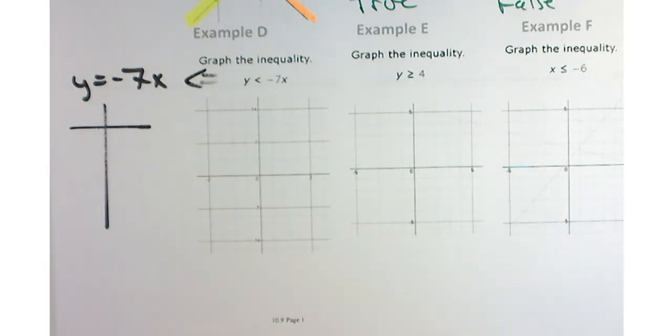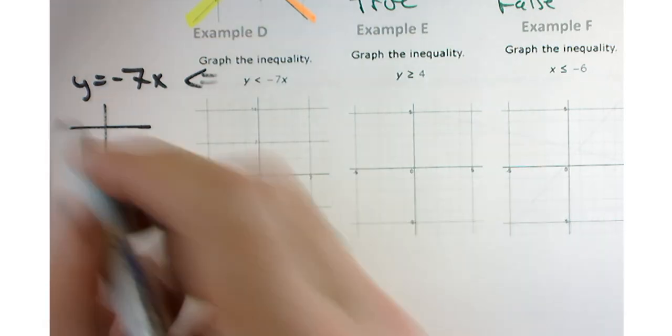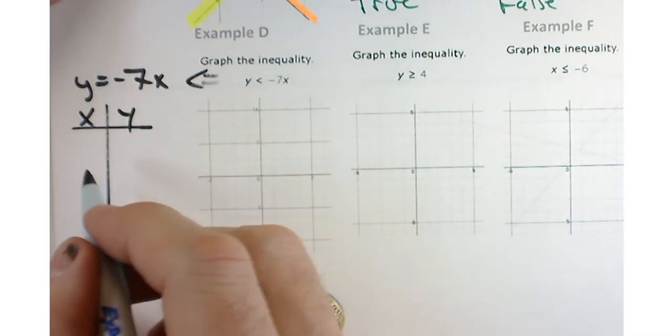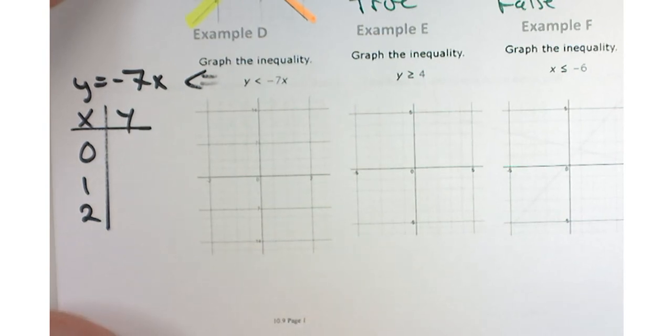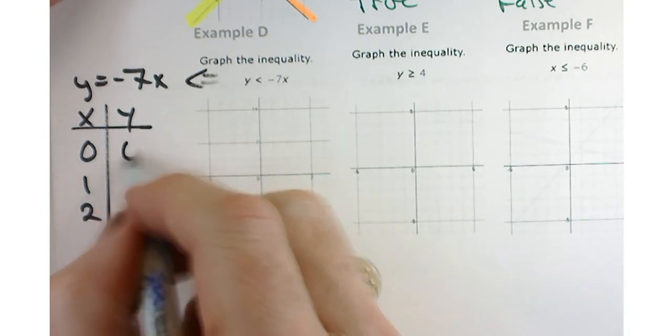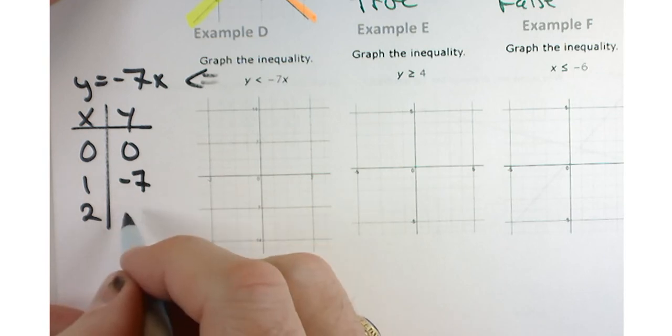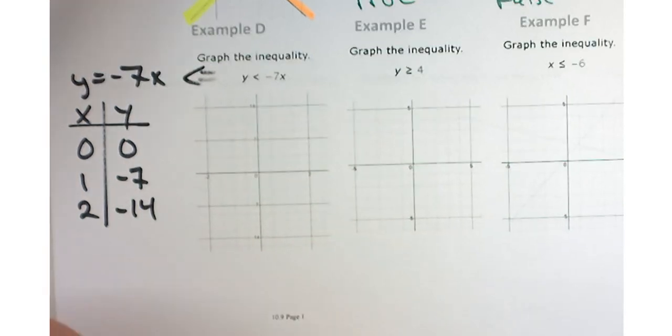Annie, give me a couple points here for x, some easy ones. 0, 1, and 2. Perfect. All right, 0, 1, and 2 would give me 0, negative 7, and negative 14.